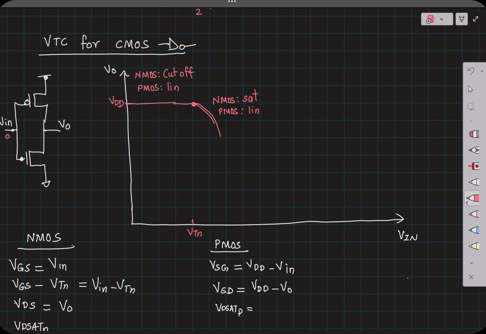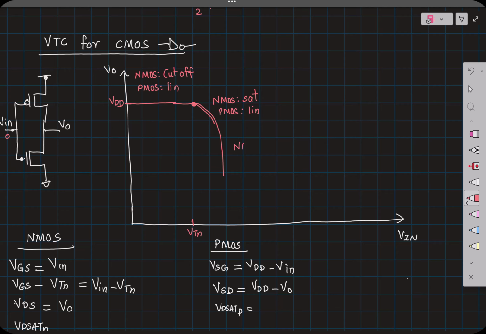PMOS is going to enter in saturation, right? Why is PMOS entering in saturation? Because your V0 is reducing, which means VDD minus V0 is now going to increase. That is, your VSD is going to increase, right? So at some point, as your V0 reduces, your PMOS is also going to enter into saturation region.